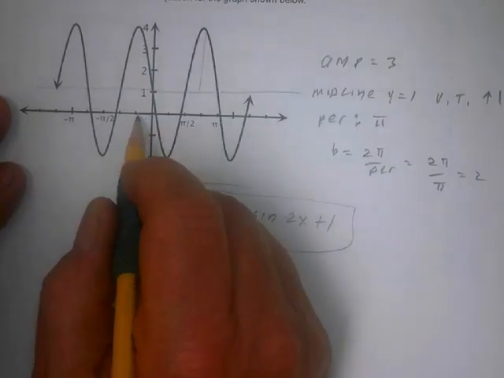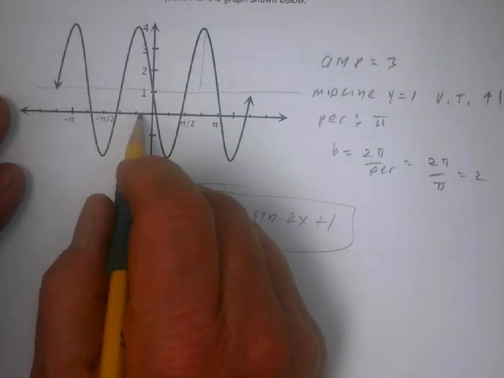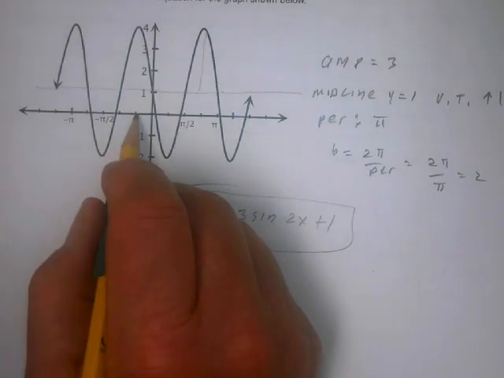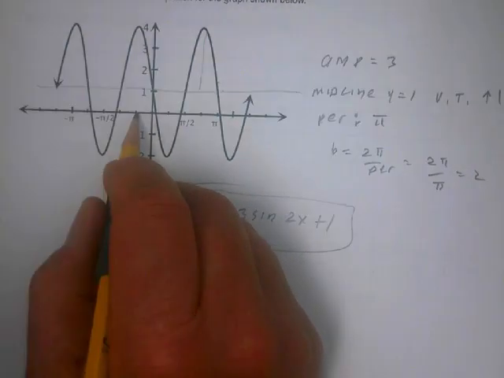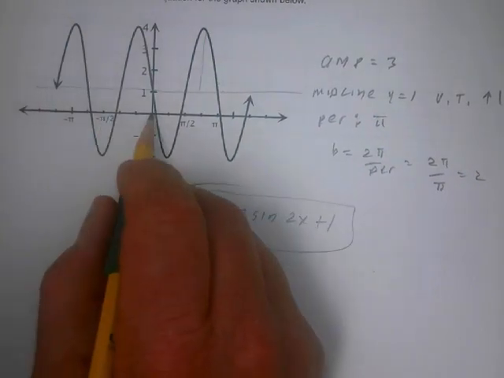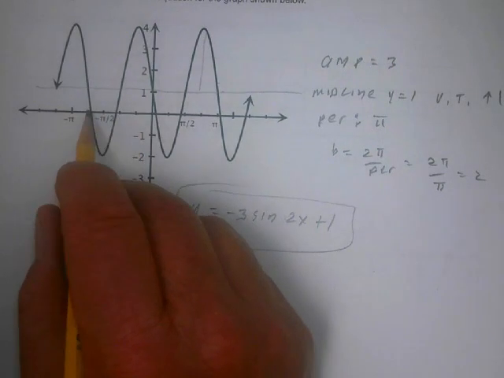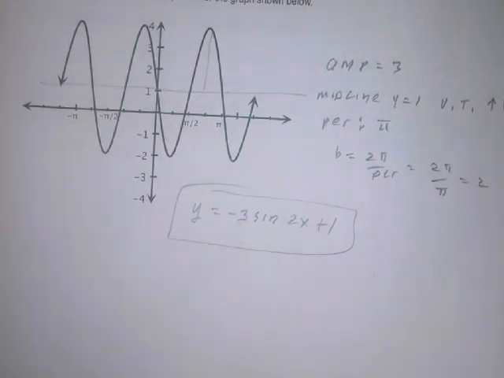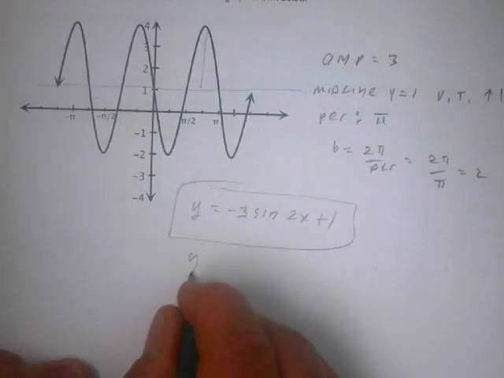Now my cosine curve. Now what I'm going to do for cosine, remember, starts at the top. So this mark right here is going to be represented by pi over 8.